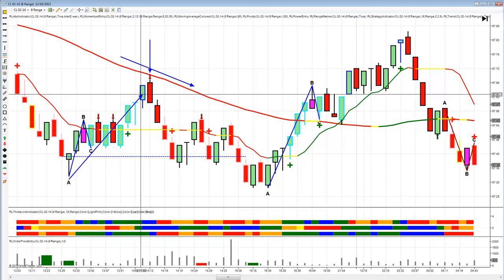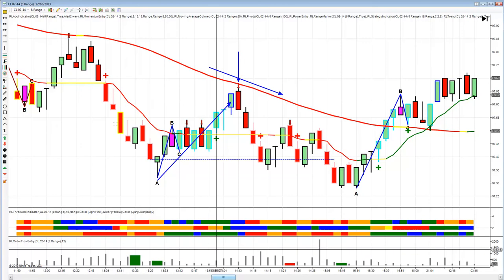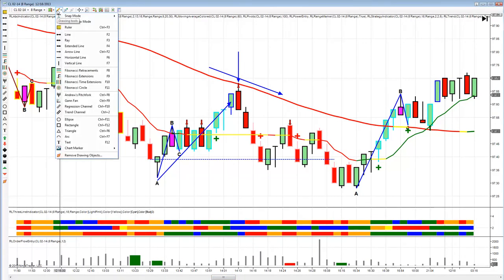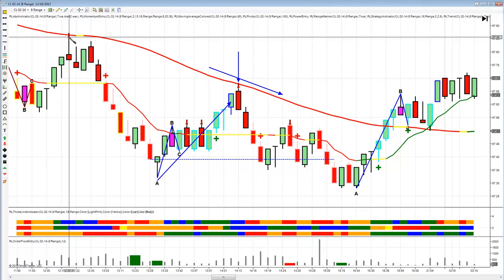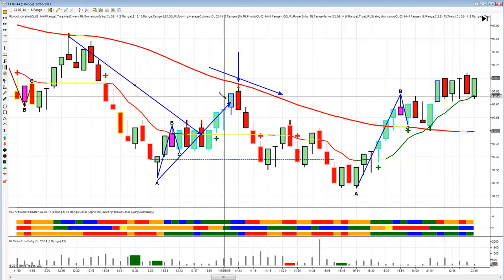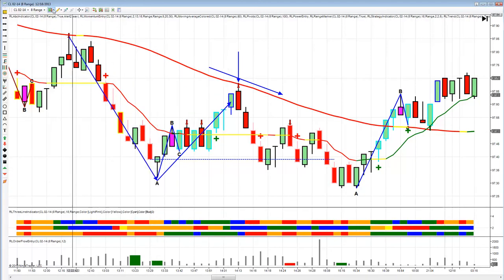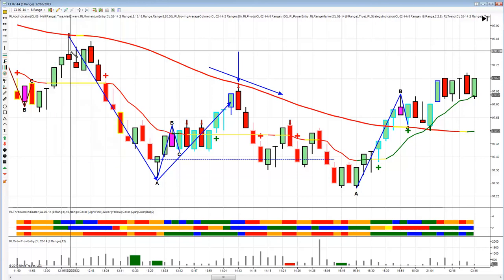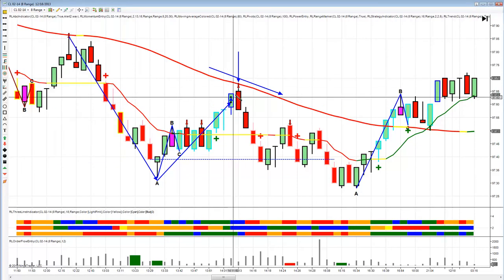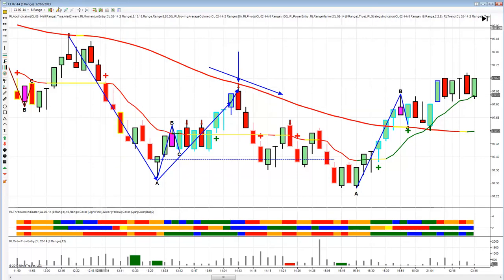I'm sorry. Let's go back a little bit further. Here's the downtrend. Then this retracement. Then this retracement back into an intact downtrend.